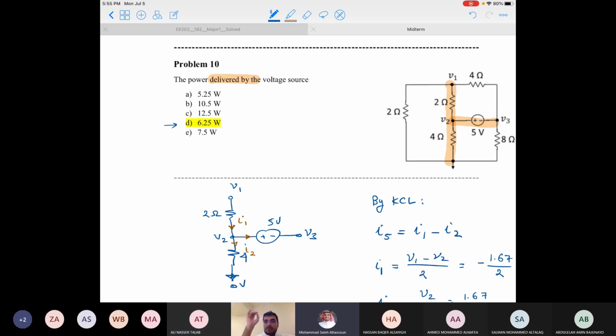I'm not pinpointing you, it's very important that we clarify this issue before we move forward, because there's a philosophical point associated with this type of question, and I really don't like it. But this is an exam that I don't have any control over. This was actually 182. I wasn't even here at KFUPM.